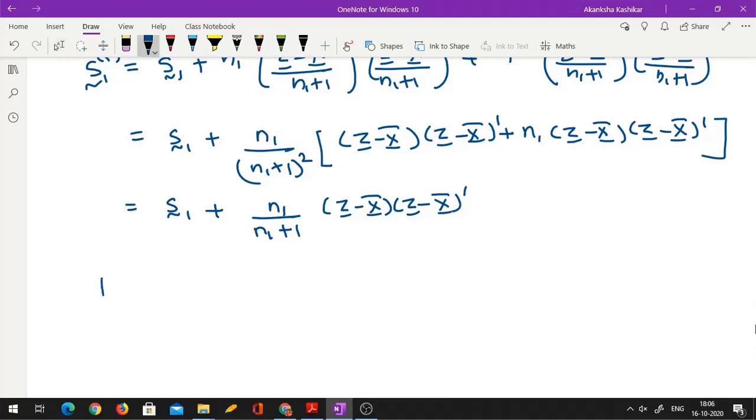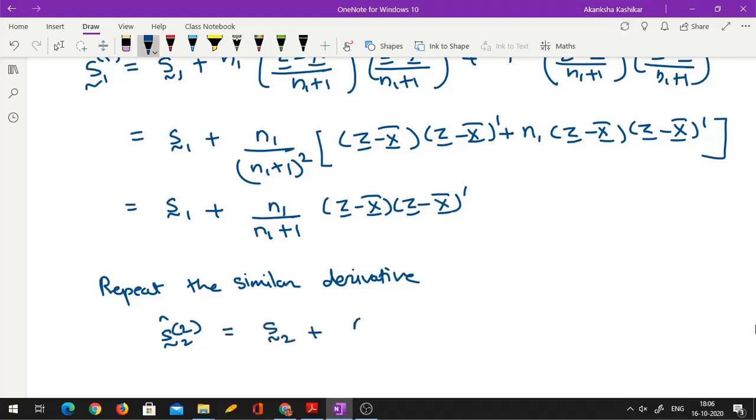We can repeat the similar derivation for the second population, and what we would get is that S22, meaning the estimate for the second population under the second hypothesis, would be original S2 plus n2 upon n2 plus 1 z minus y bar prime.